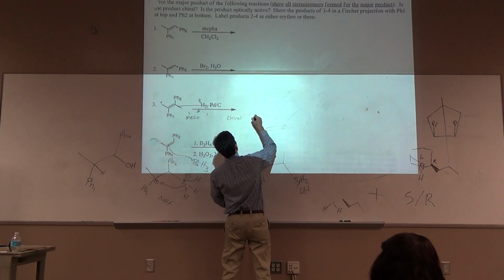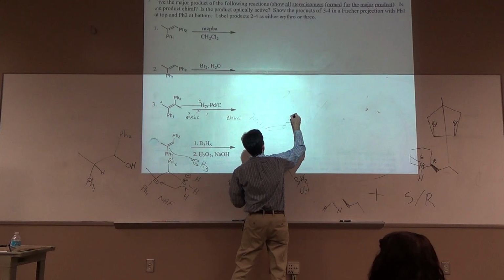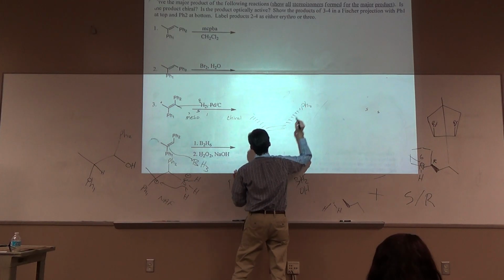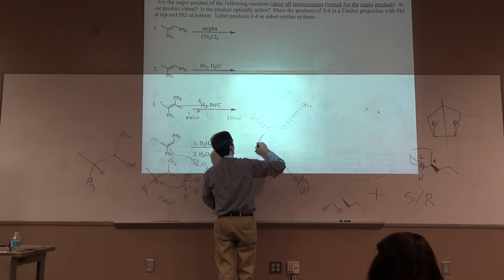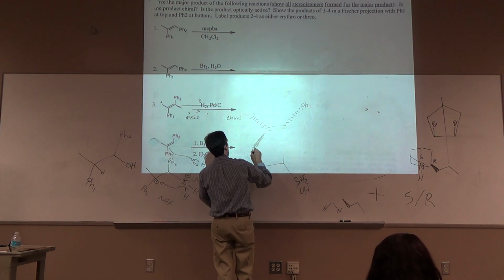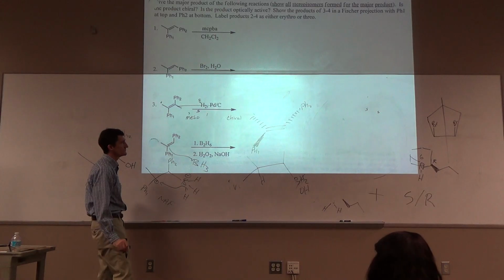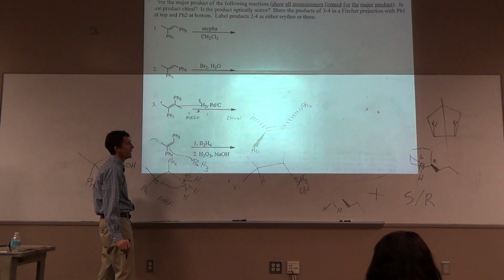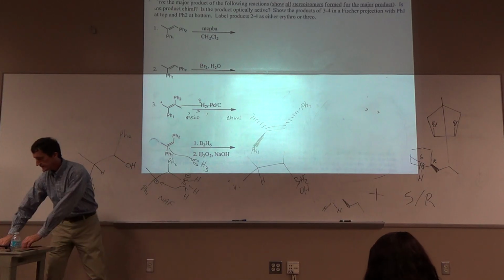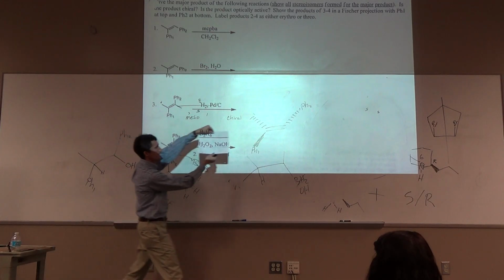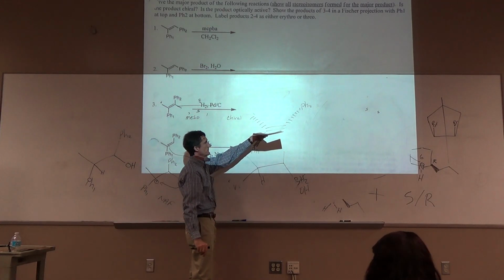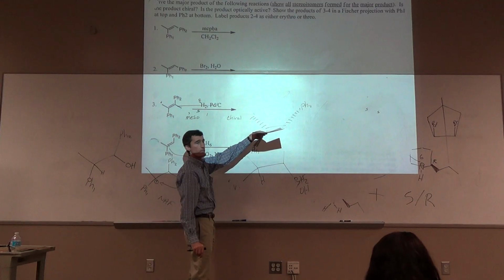Put the methyl back, phenyl 2 back, put the phenyl 1 forward. So all I did was turn that. And so now it's like, instead of like this, kind of like this. You have to imagine that.